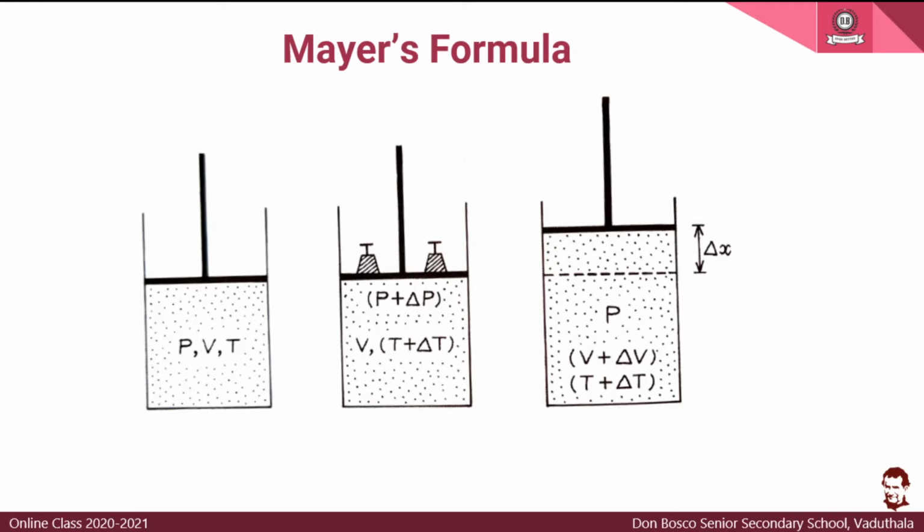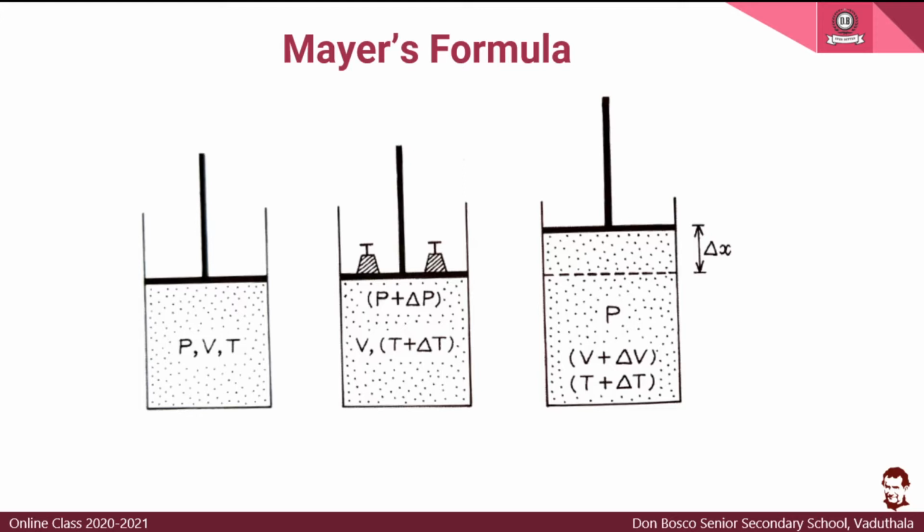The system is given whose initial pressure, volume and temperature are noted as P1, V1 and T1. P, V and T are the symbols we are using for pressure, volume, temperature. Initial can be P1, V1, T1, final P2, V2, T2, that is the common format. Here in general manner P, V and T are the pressure, volume and temperature. Since we are treating constant pressure and constant volume, see the middle diagram.